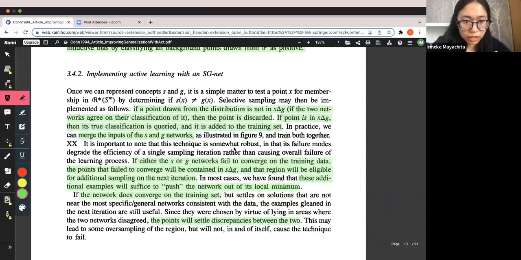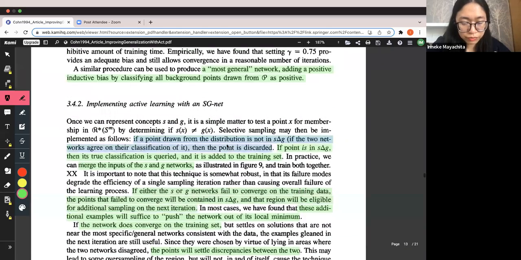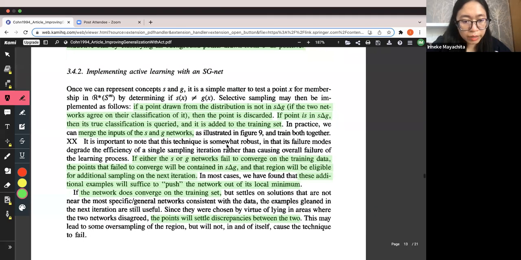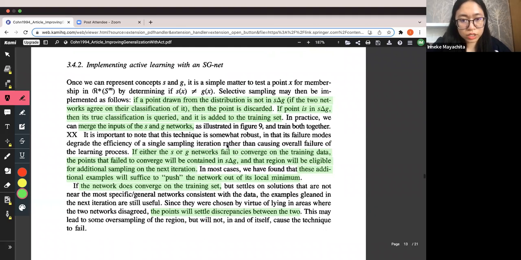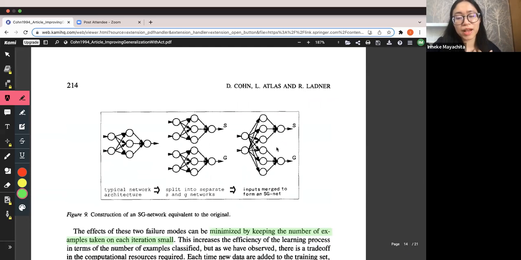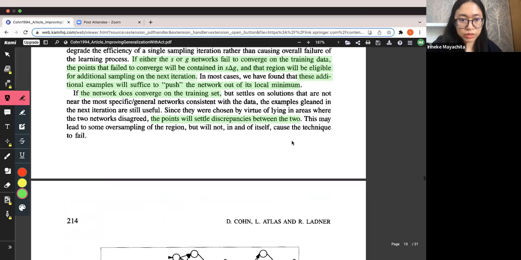Okay. Yeah, I think this is the last part of the architecture, that they implement using what they call SGNet. So basically, they split this into two different neural networks, and then they merge them to balance out between the subset and the superset.